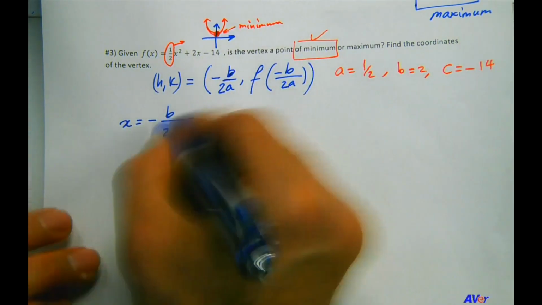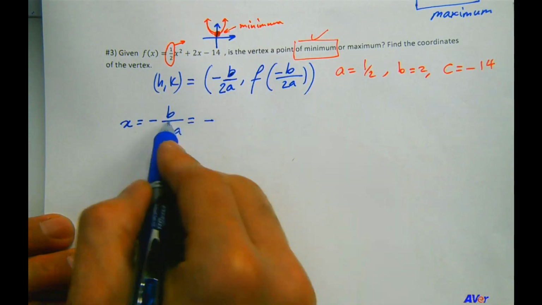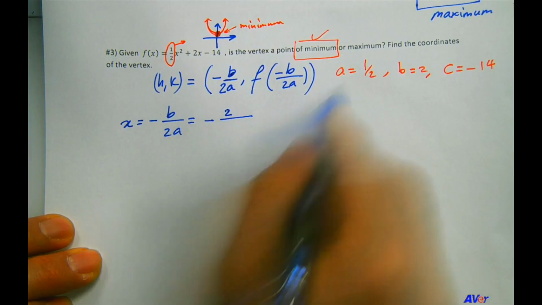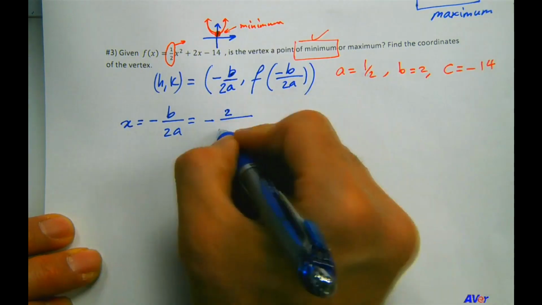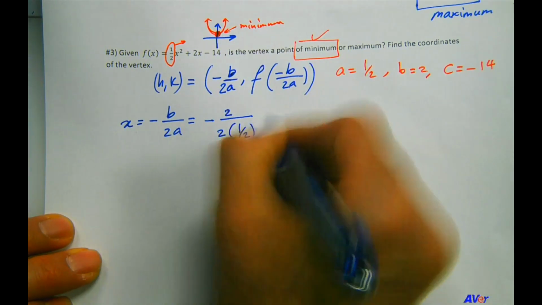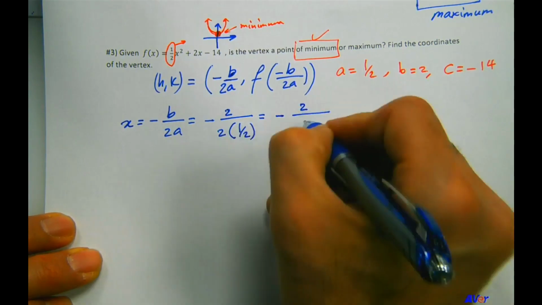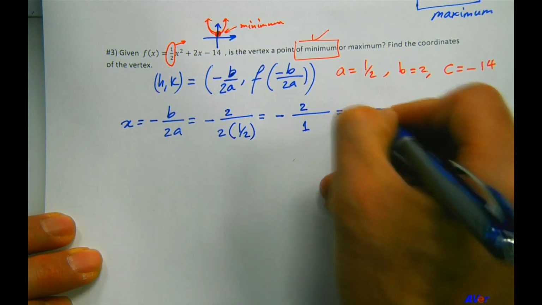So let's plug in. Minus B is 2 over 2 times A, 2 times 1/2. So what do we end up with? Minus 2. 2 times 1/2 is 1. So minus 2.